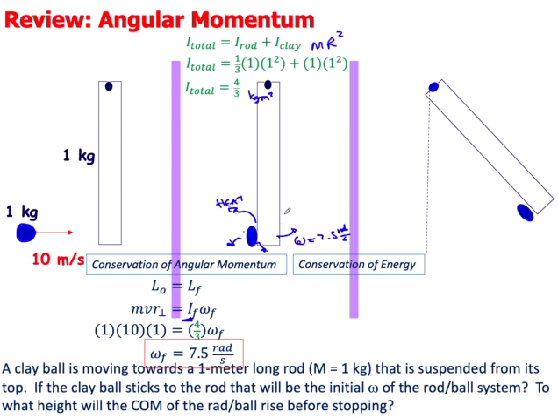Now the second part. Conservation of energy, going from here to here. What kind of energy do we start out with? Well, we've got an omega, so most of you probably go, oh yeah, it's rotational kinetic energy being converted into gravitational potential energy. Plugging in our formulas, rotational kinetic energy, 1/2 I omega squared, equals GPE, in this case m g times the change in height, where the mass of the rod plus the clay is now 2 kilograms.